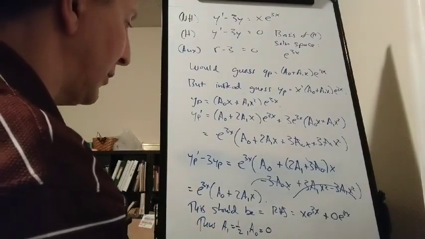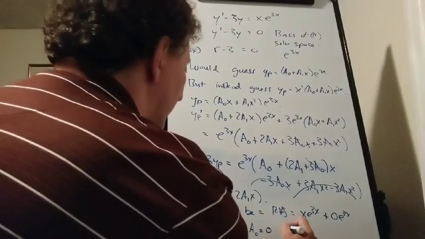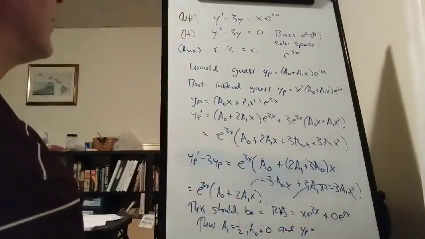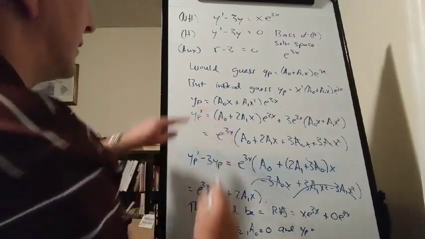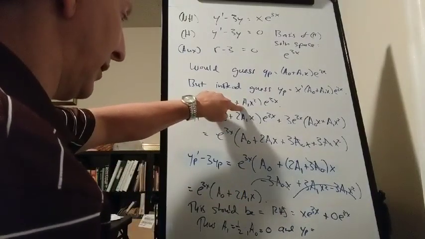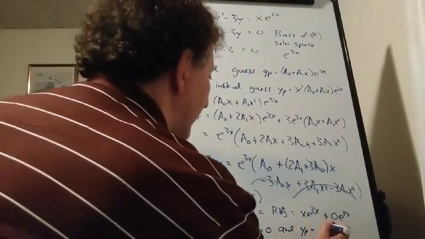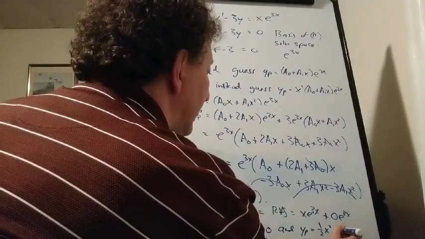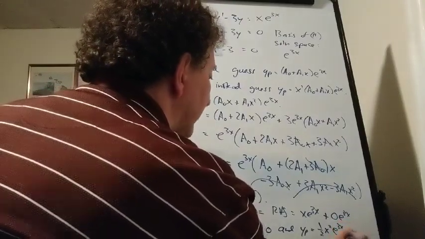So a1 equals 1/2, a naught equals 0, and yp is, a naught is 0, so we just need the x squared part, 1/2 x squared e to the 3x.